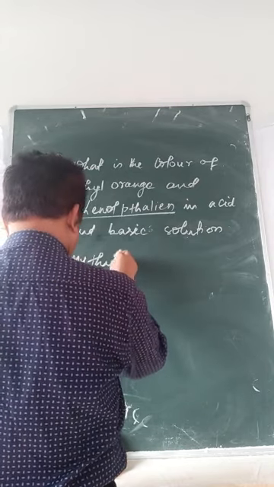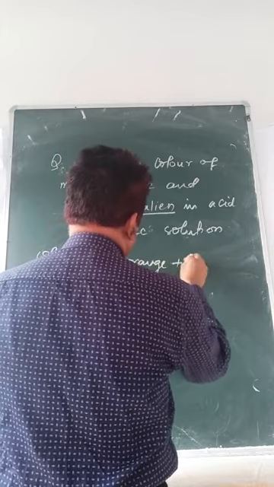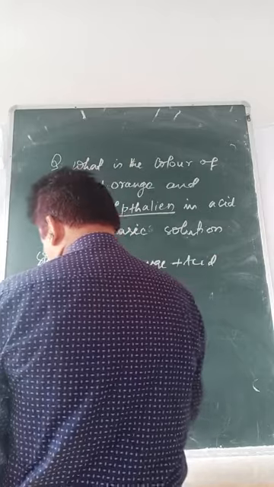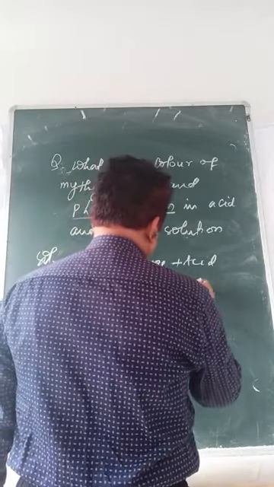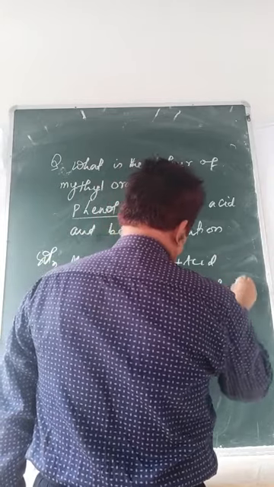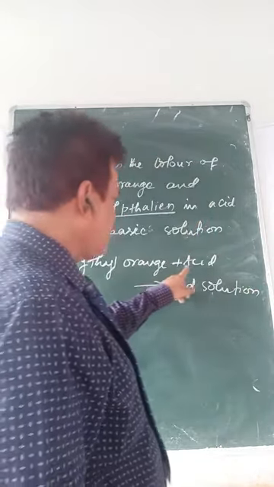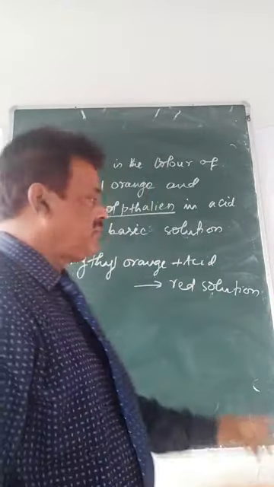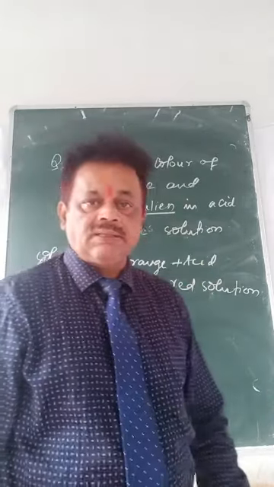Methyl orange with acid gives what solution? Gives red solution. Means methyl orange solution reacts with acid gives you red solution. Means methyl orange changes to red solution in the presence of acid.